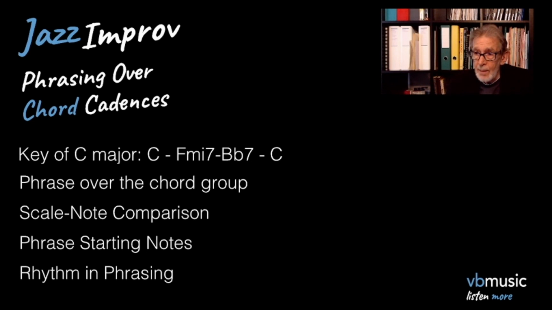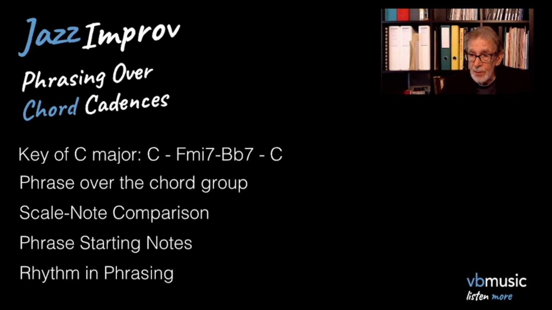So today's example, which I've chosen, concerns a cadence which is very commonly encountered in the repertoire, and it's the cadence in the key of C major of F minor 7, B flat 7, C. So we're in the key of C major.